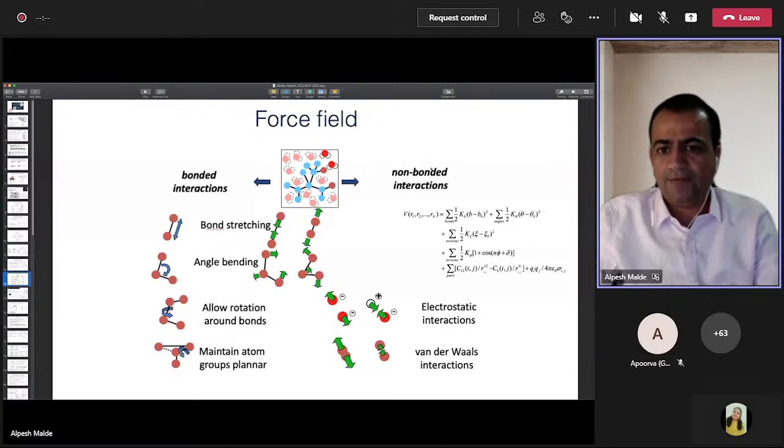On the other hand, we have non-bonded interactions, where we calculate the electrostatic interaction between charged particles and the van der Waals interaction between these particles. The combination of all this gives what we call the force field description of the molecule.